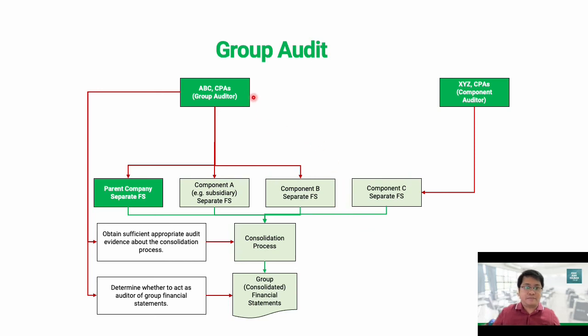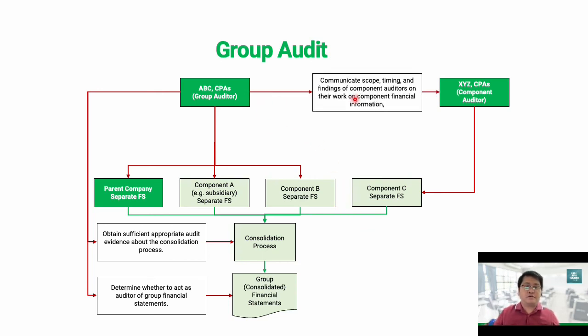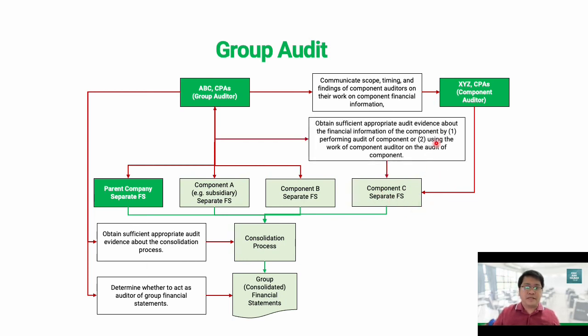That is why, with respect to group audit procedures, you have to communicate the scope, timing, and findings of the component auditor on their work related to the component financial information. And you also have to obtain sufficient and appropriate audit evidence about the financial information of this component, even if you are not auditing it originally.